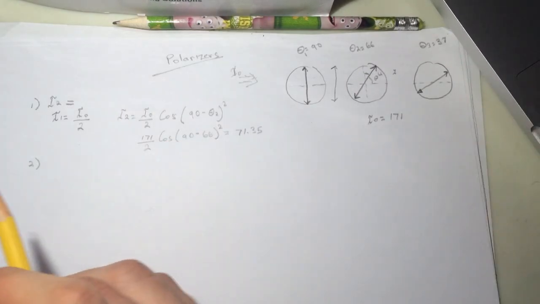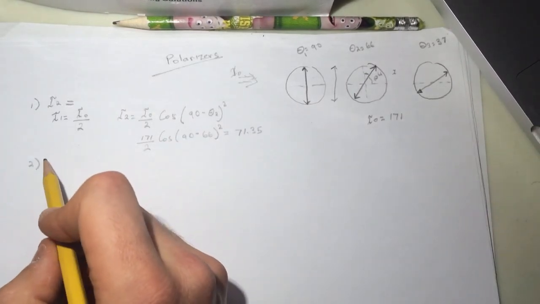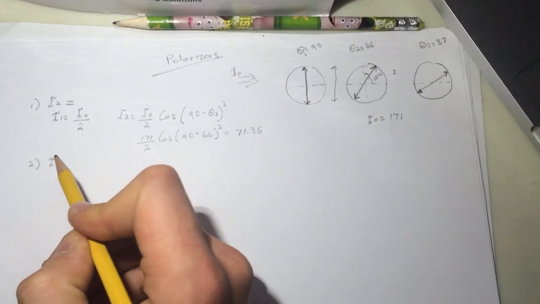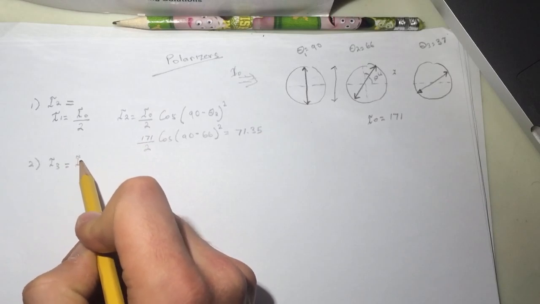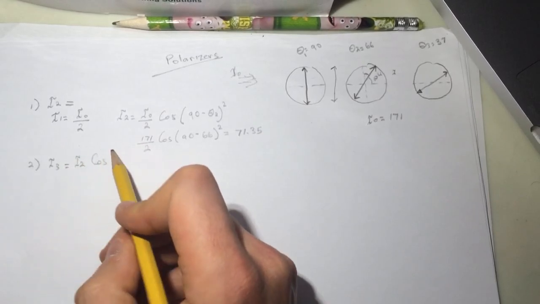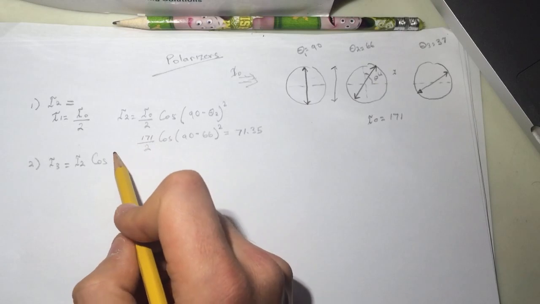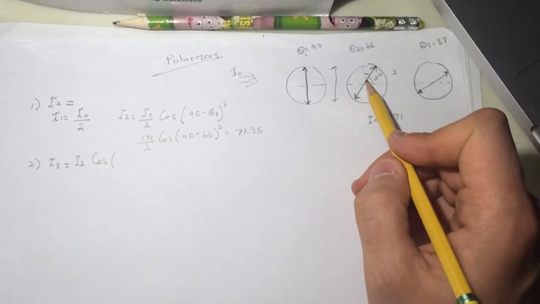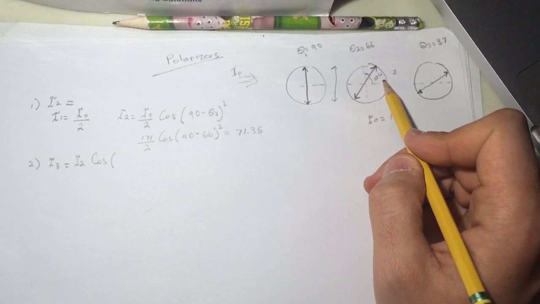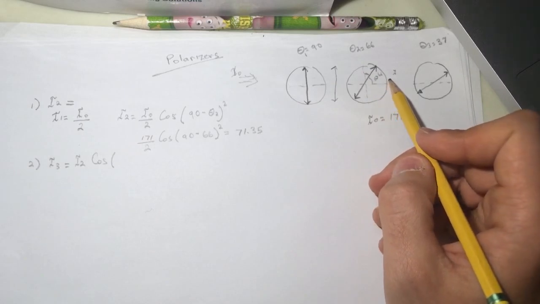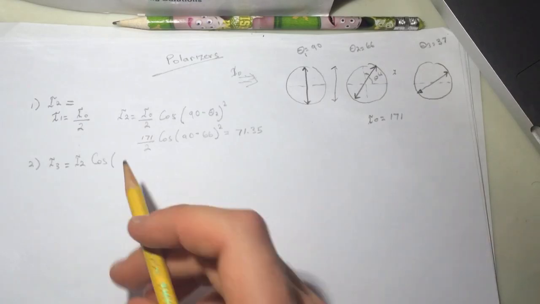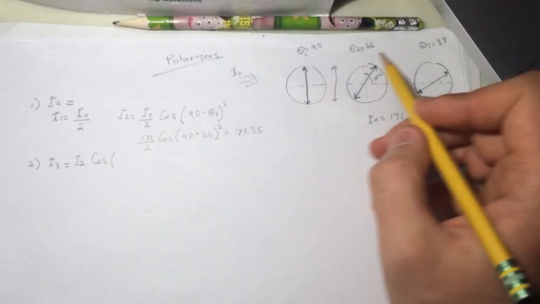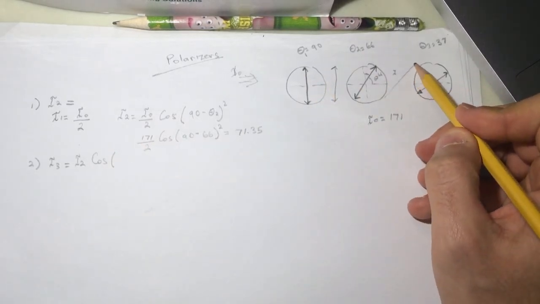Question number 2 is asking, what is I final? I final here is I3. So I3 will be equal to I2 times cosine of the angle. The only light that passes through this linear polarizer is going like this.